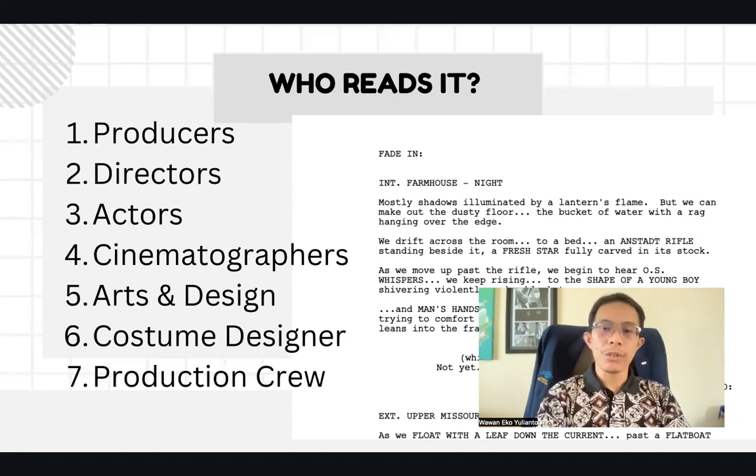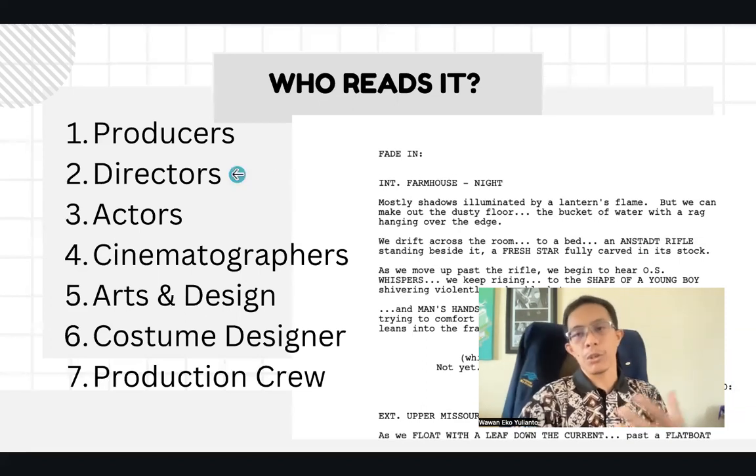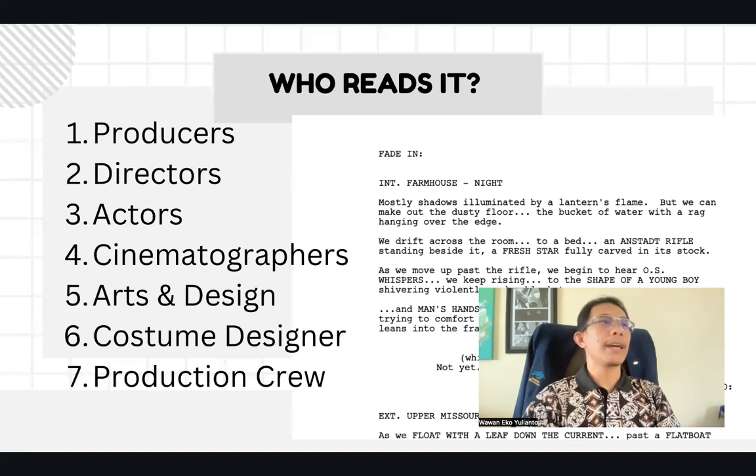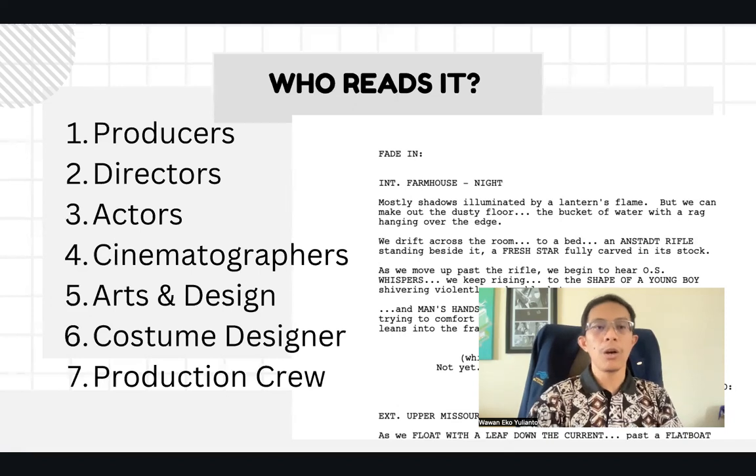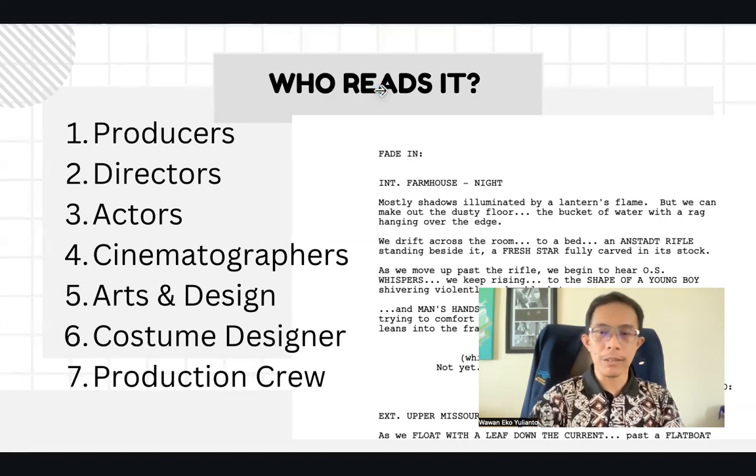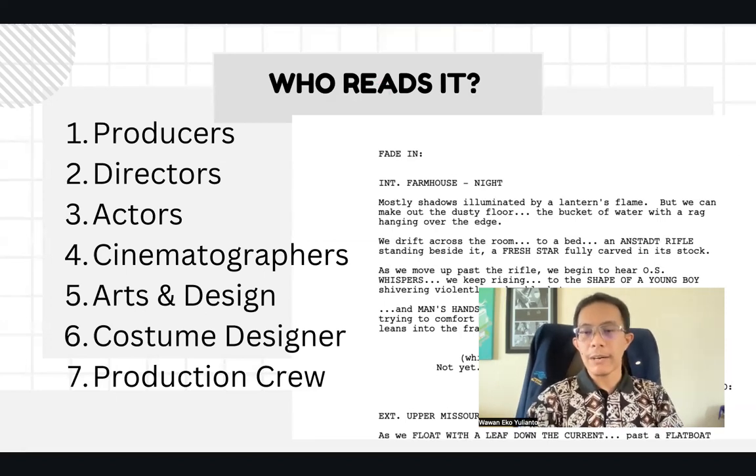And actors, of course, because an important portion of a script consists of dialogues or instructions for actors. And cinematographers, people who shoot the images or who edit the footage. That's why you have FADE IN, INTERIOR, and FADE OUT, and so on.